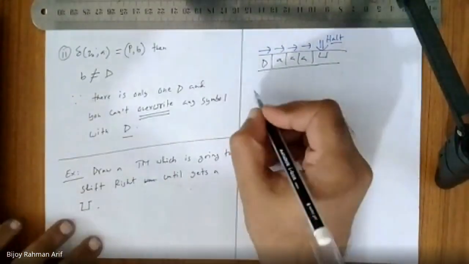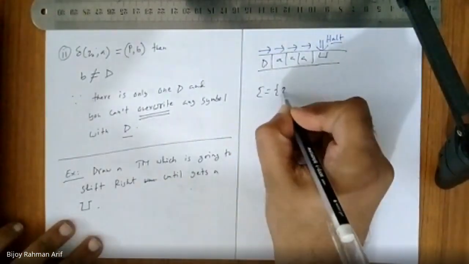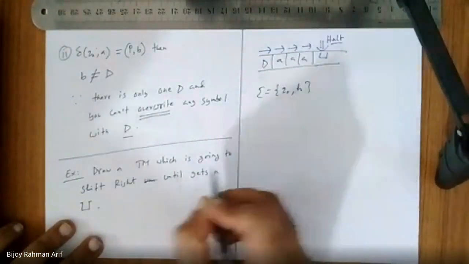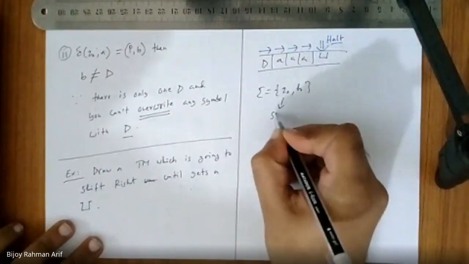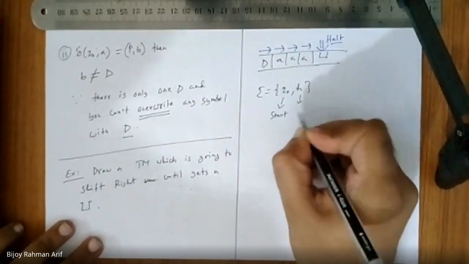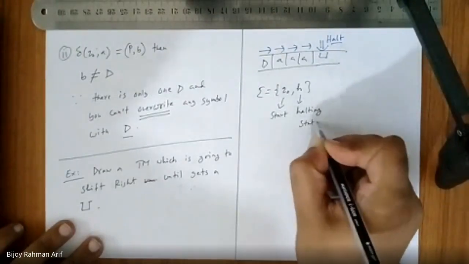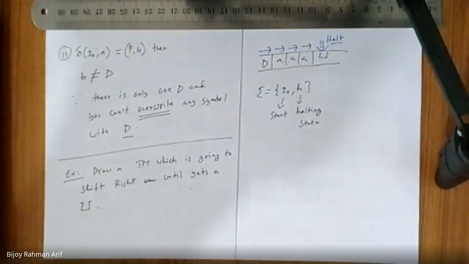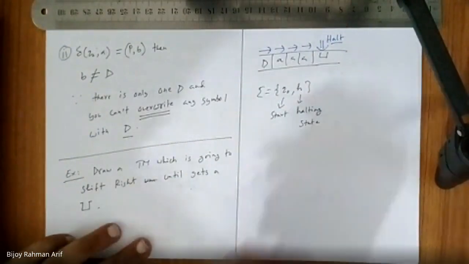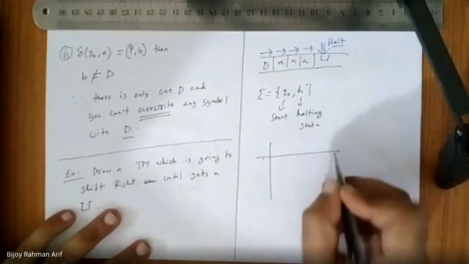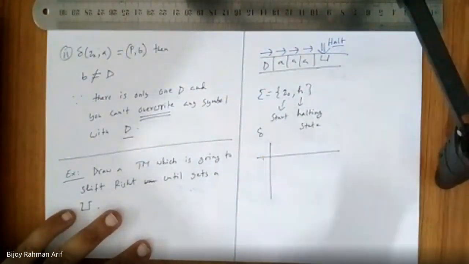Let's say my set of states is like this, q naught comma h. Here q naught is the start, h is halt. Now what would be the transition? What would be the transition?